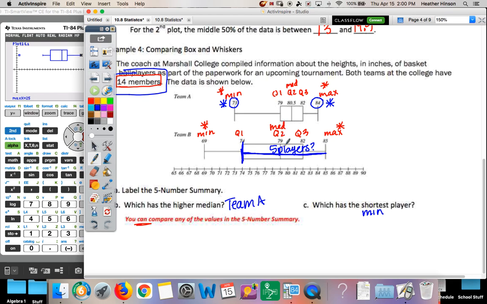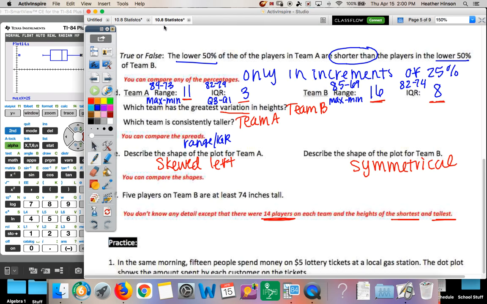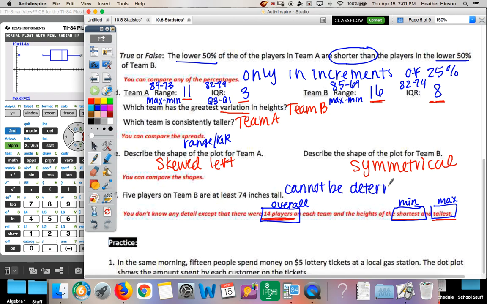I know there's some because there's a whole big box right there, and I know my max is a player, but I have no idea if there are 5 people in here. There might be 10. There might be 12. I'm not exactly sure. We can't tell how many are where. We can just tell, again, the shortest, which is the min, the tallest, which is the max, and that there are 14 people overall. But that's all we can tell. So this cannot be determined.